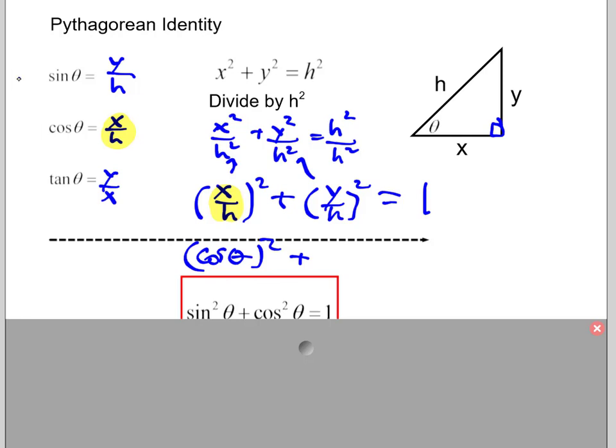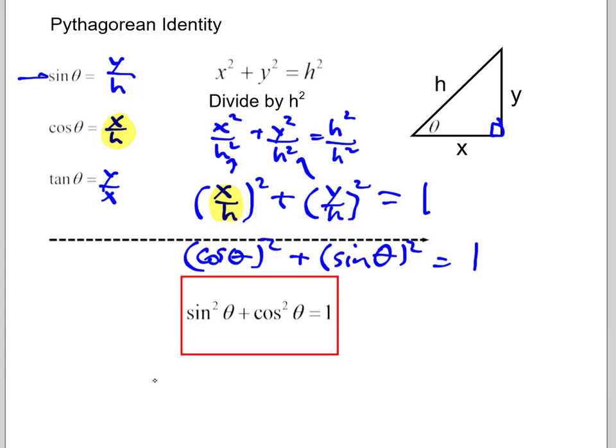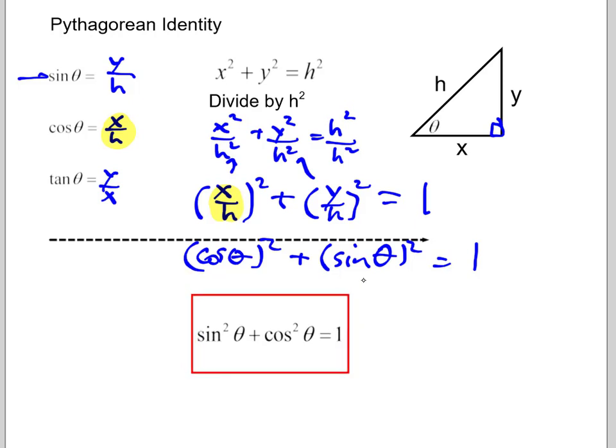Y over h is the same as sine, and I've got them backwards in my formula, but that's okay. It's just additive. And there is our Pythagorean identity. So I have them a little bit backwards. I put sine first. That's okay, not a big deal. So sine squared theta plus cos squared theta equals 1.